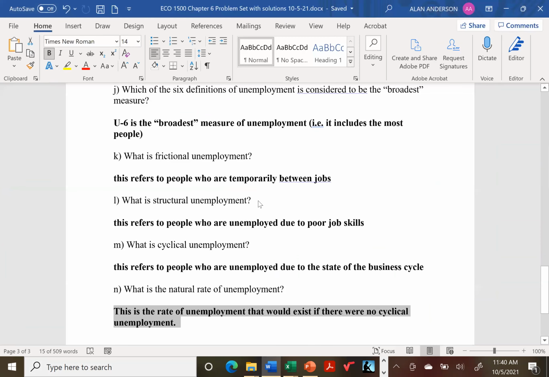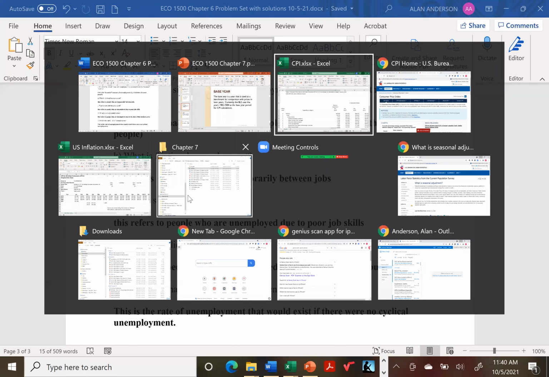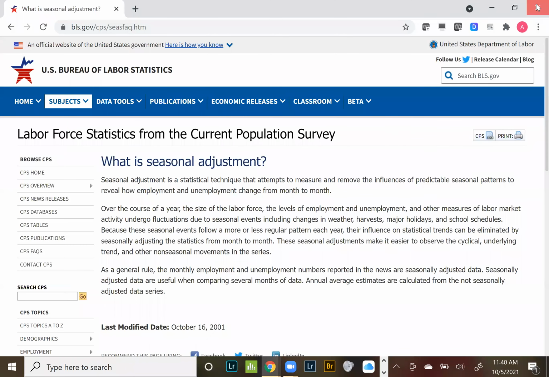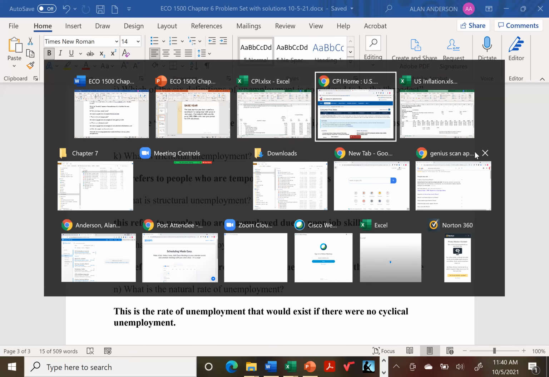I seem to have lost my place here. This happens to me all the time. I open up all this stuff, and before you know it, I'm not able to find Moodle here. All right, you know what?